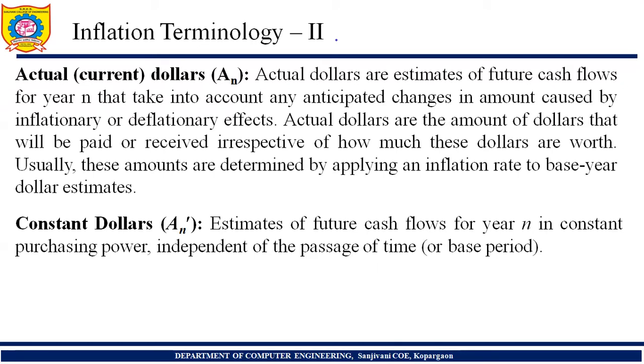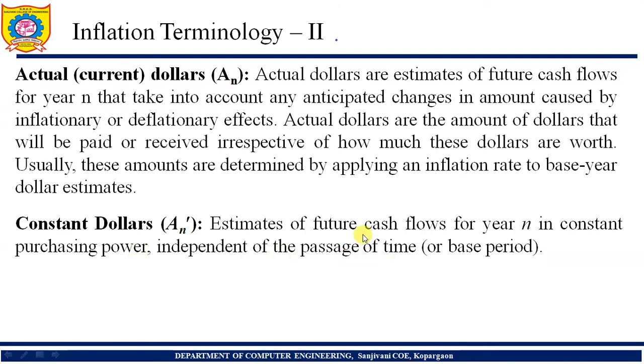And here to calculate the actual or current dollar, the inflation and deflation of the product is considered. Whereas constant dollar is the estimate of future cash flow for year N in constant purchasing power, independent of passing time.